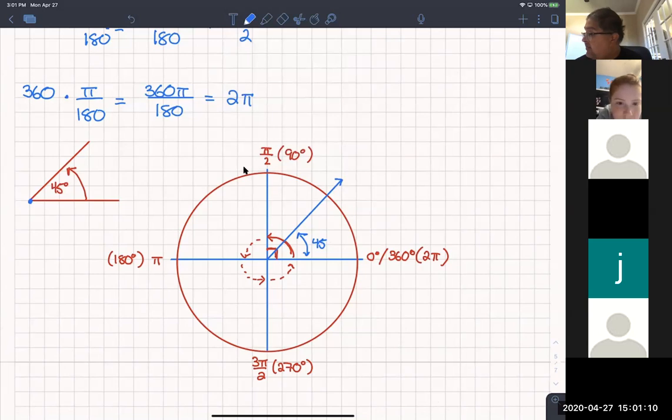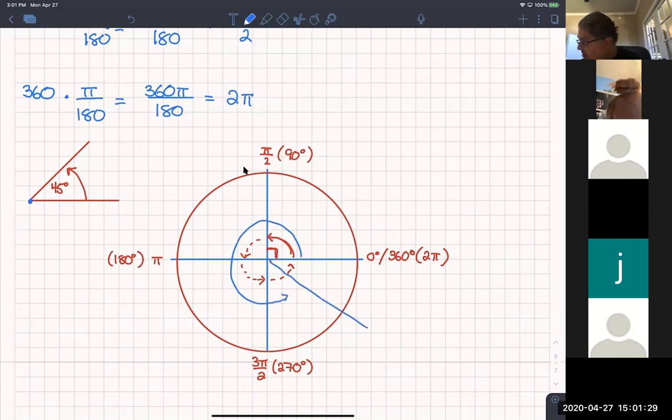Now, let's go back to the question that we have. It's 295. Well, if it's 295, the angle is going to go from here all the way to something like right here, because it's larger than 270 but less than 360.